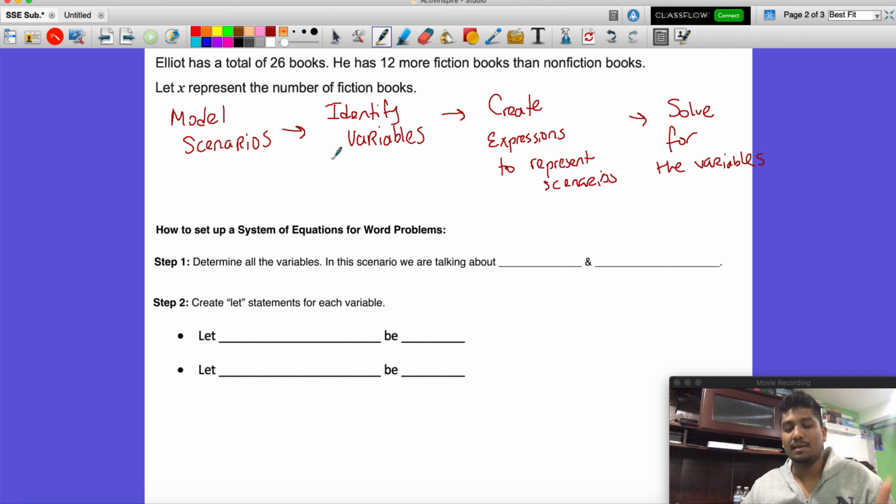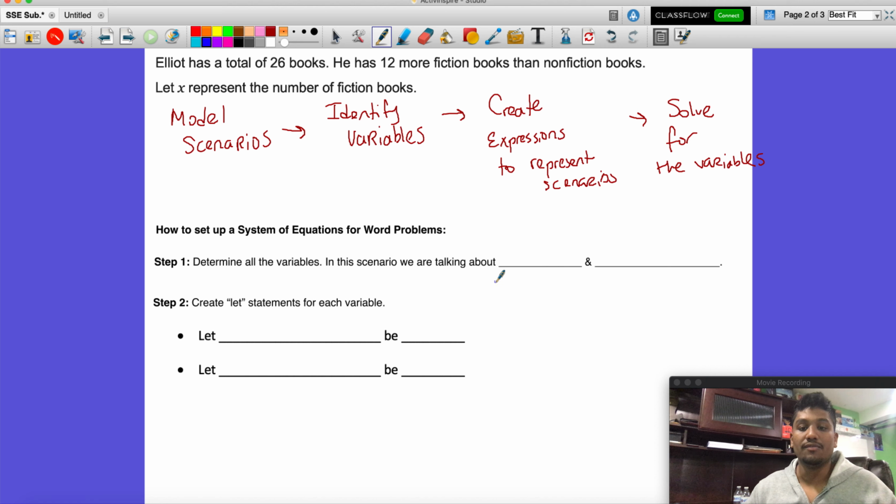Now what's in that bookshelf? Well, there's fiction books and there's non-fiction books. Notice that fiction and non-fiction are both types of books. So we're just dealing with one unit, and that unit, books, is divided up into two different types of books, right? Fiction and nonfiction.